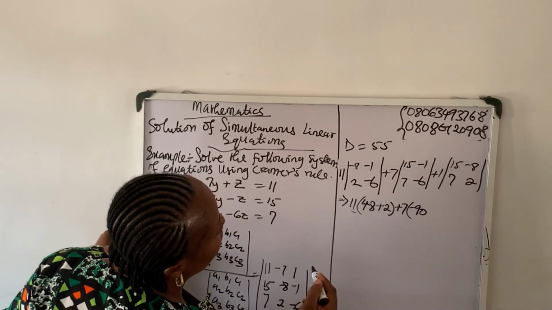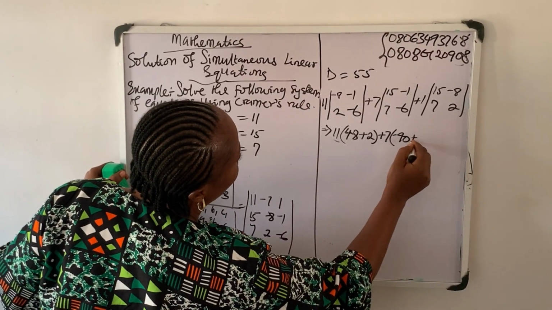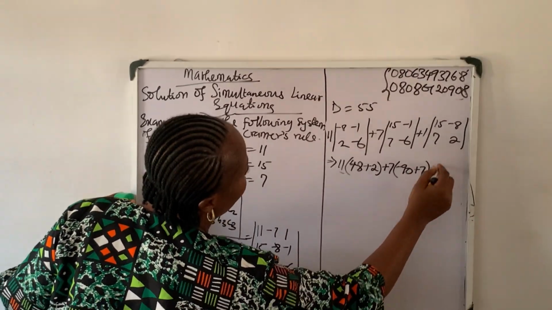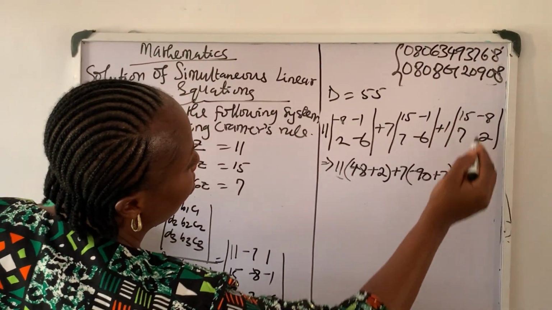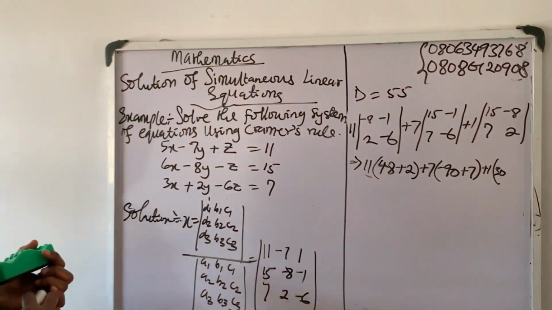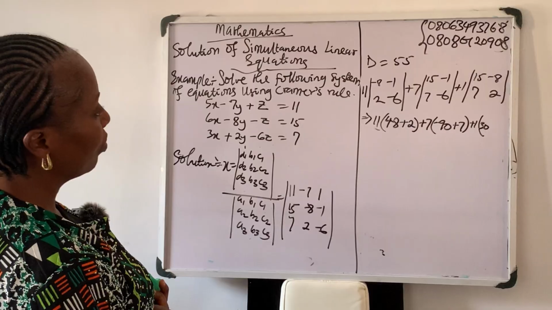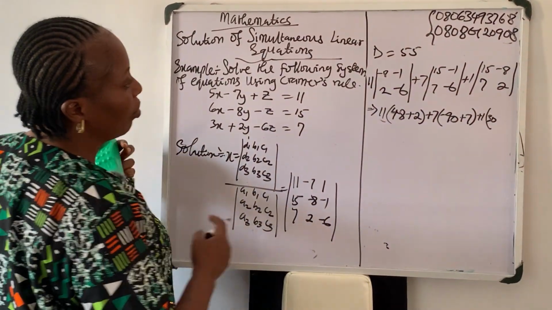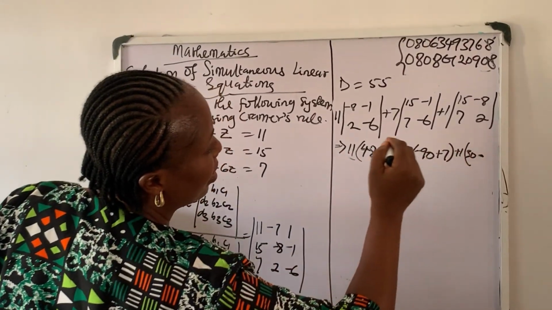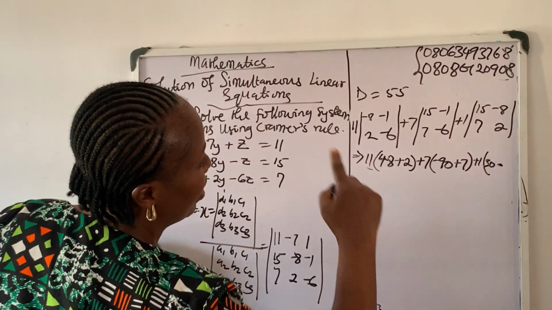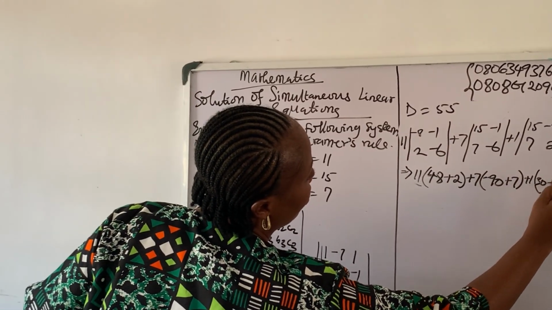And minus 1 times 7 is minus 7, times the minus, plus 7. Plus 1, 15 times 2 is 30. Minus 8 times 7 is minus 56, times the minus, plus 56.